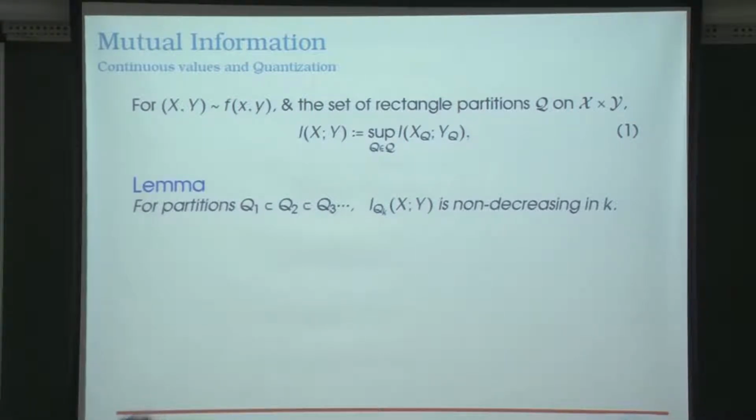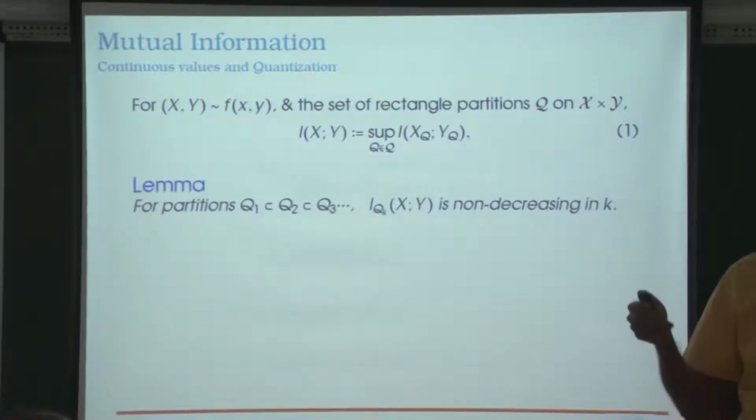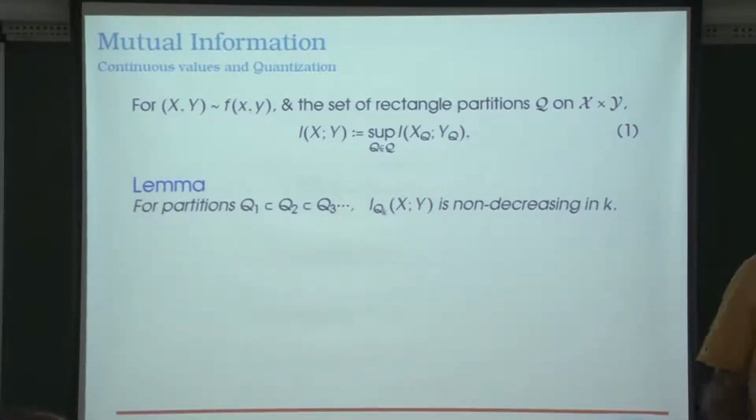If you partition finer and finer, the mutual information cannot decrease, that is why we use the word non-decreasing in K. Is the idea clear? Take x and y, you quantize and you compute mutual information. If you quantize further, finer, you can only have your mutual information go up and up. Okay. How do we prove it?